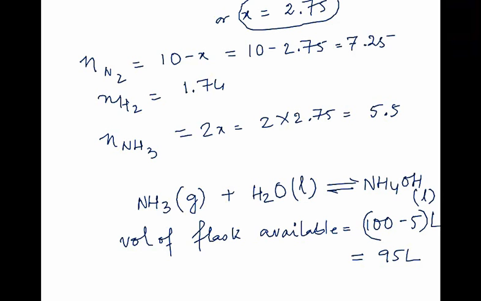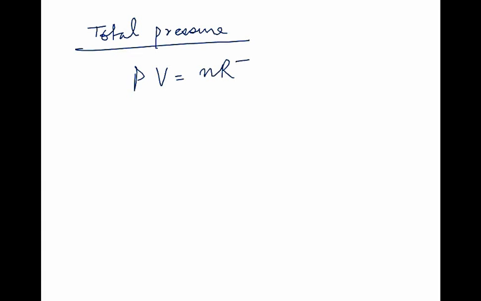So if 95 liter is the volume of the flask available, therefore I can say that the total pressure can be calculated by the ideal gas equation. PV is equal to nRT, or I can say that P total is equal to nRT divided by V.